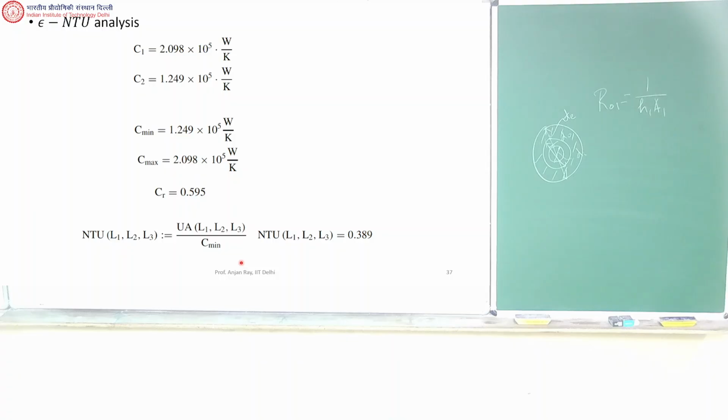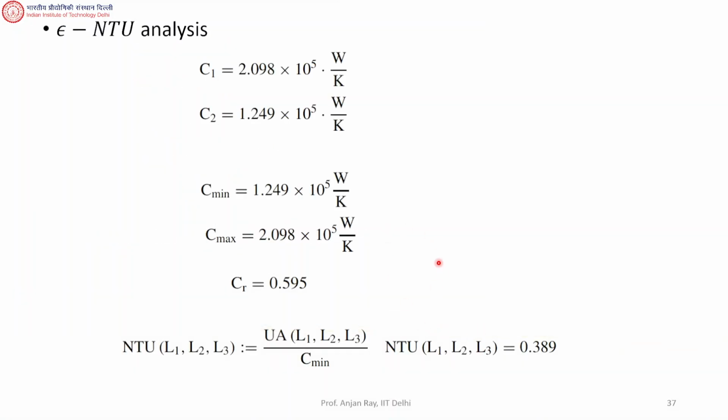Now, in the effectiveness-NTU method, as I said, you need a C minimum, you need a C maximum, so you get CR. These things are relatively easy, because we know m dot and Cp, correct? For Cp, we do not know fully, one temperature we had to assume, remember? But we work with that estimate and then we get CR.